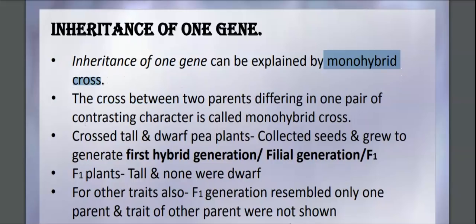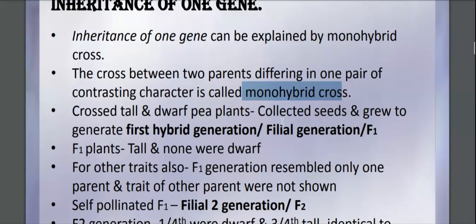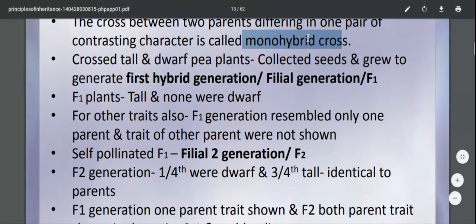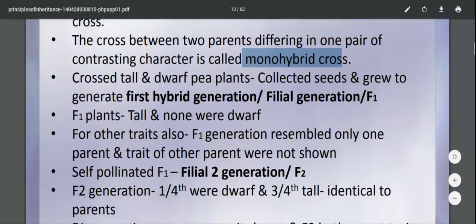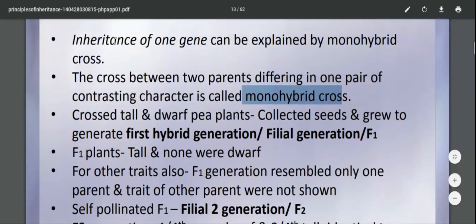I'm going to show you an example of a monohybrid cross, which is very simple. First we will see what he got when he did a monohybrid cross, and then we'll go to the example. So, like I told you, he explained inheritance of one gene by doing monohybrid crosses.